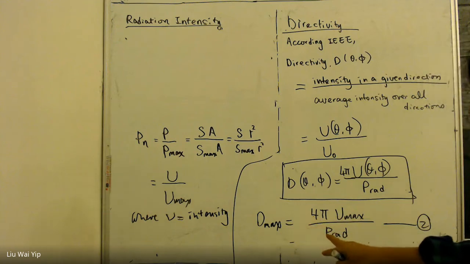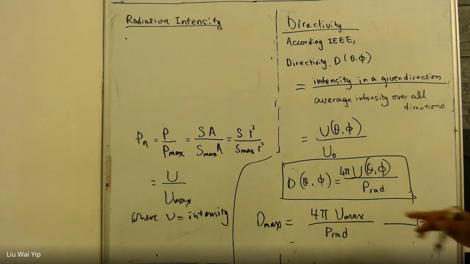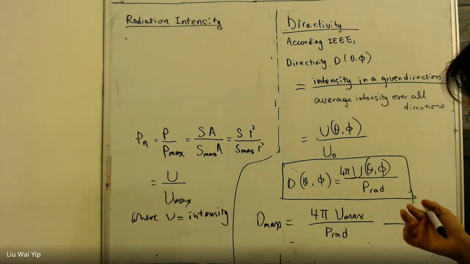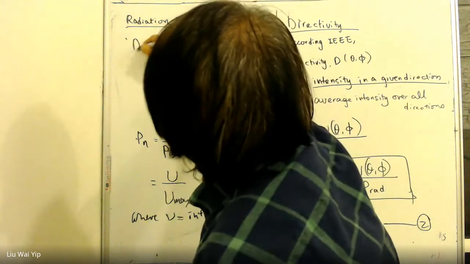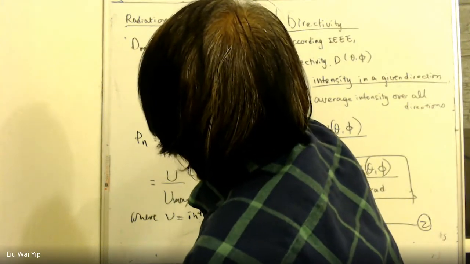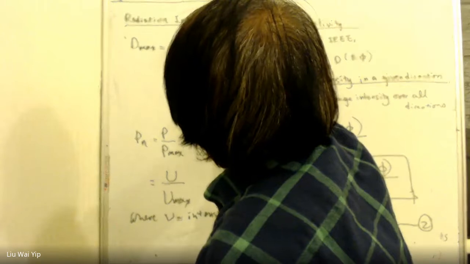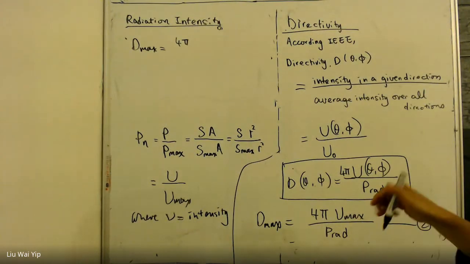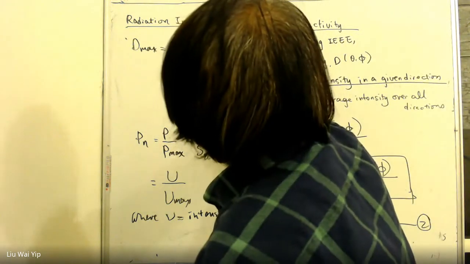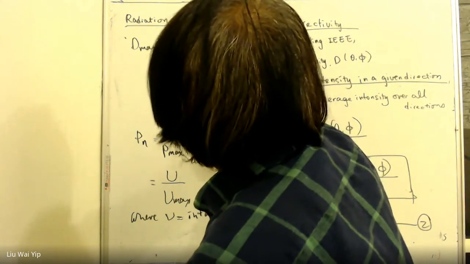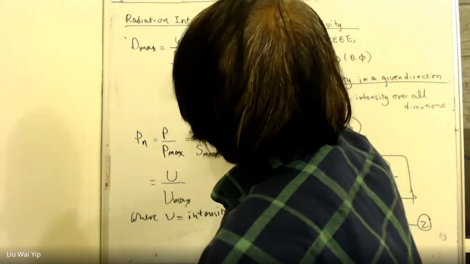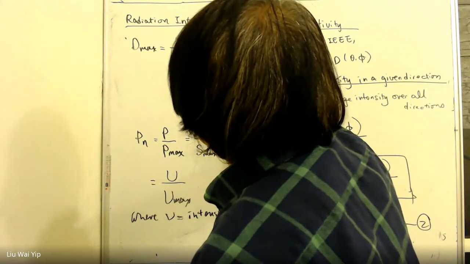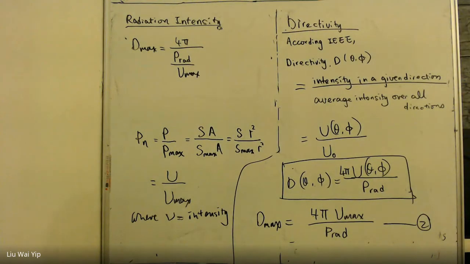Now, D max is equal to this maximum directivity. So D max is equal to 4 pi U max divided by the total power radiated.